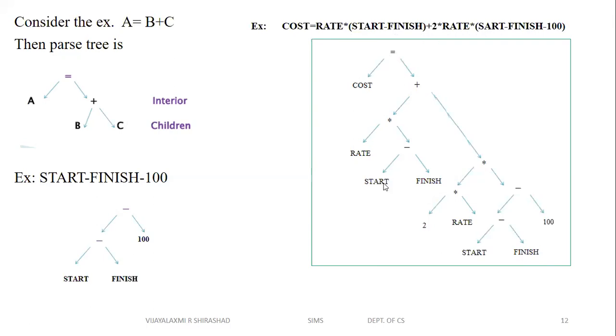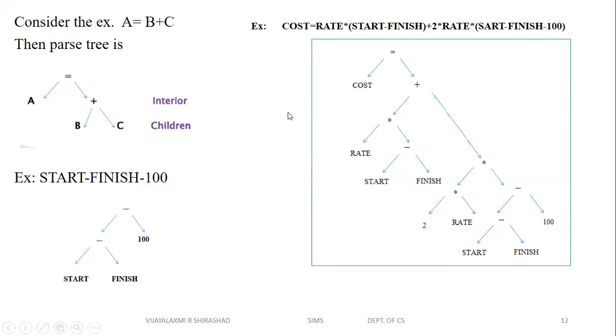First I will start with the parenthesis, start and finish with the minus operator, and it is multiplied by rate. This equation evaluation will give a value equal to cost. Like this, the meaning of a parse tree is given, and in the same manner the compiler converts your entire source code into object code.